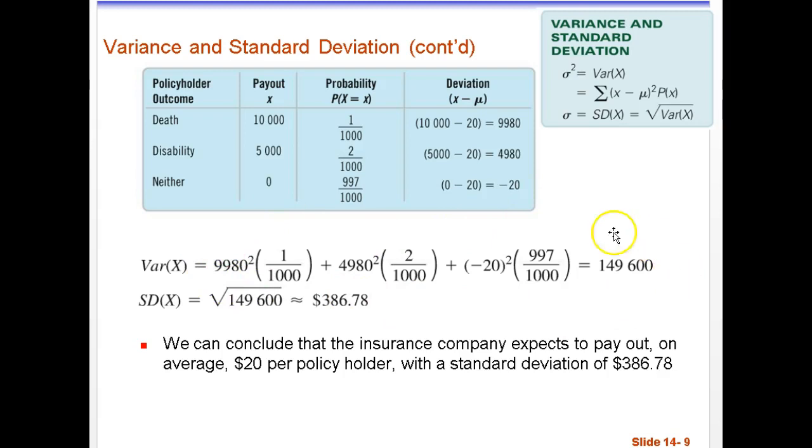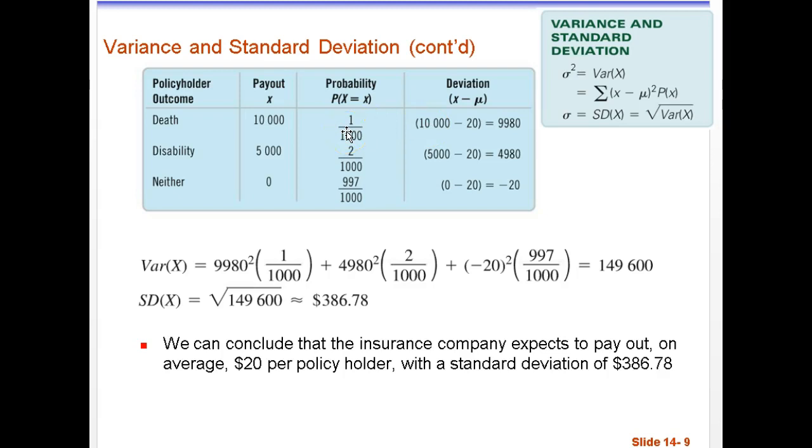Down below here I have the differences. They get squared, and then each one of these is multiplied by the probability of the x value that the difference was calculated from. So the 9980 was calculated from an x value of 10,000.